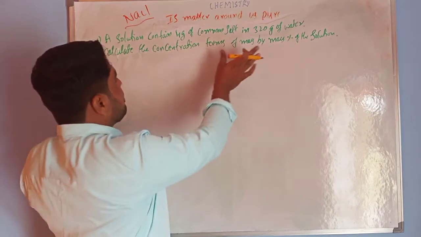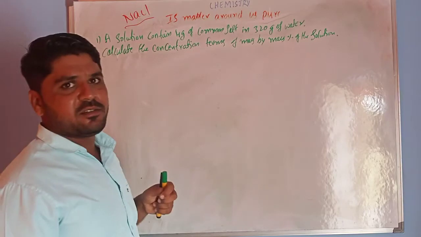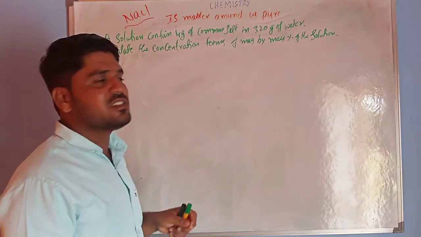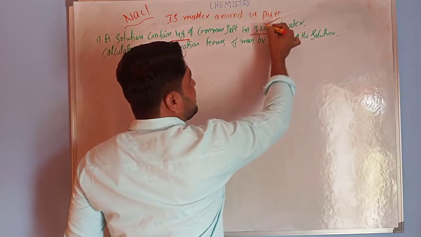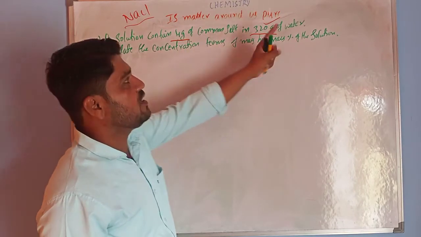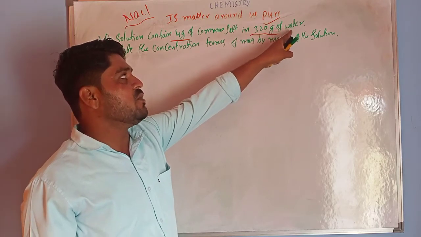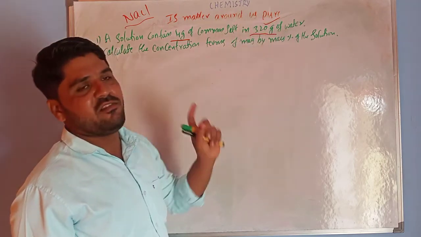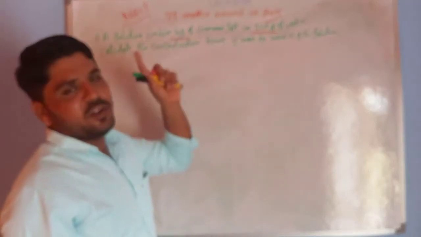Before going to this problem, we should identify which one is solute and which one is solvent. Carefully observe which one is in more quantity. Compared to the 4 grams of common salt, water at 320 grams is in high quantity. That's why I am considering water as the solvent and the common salt as the solute.